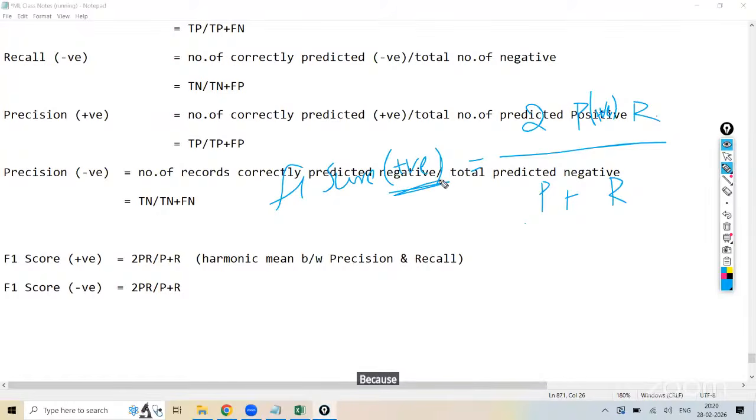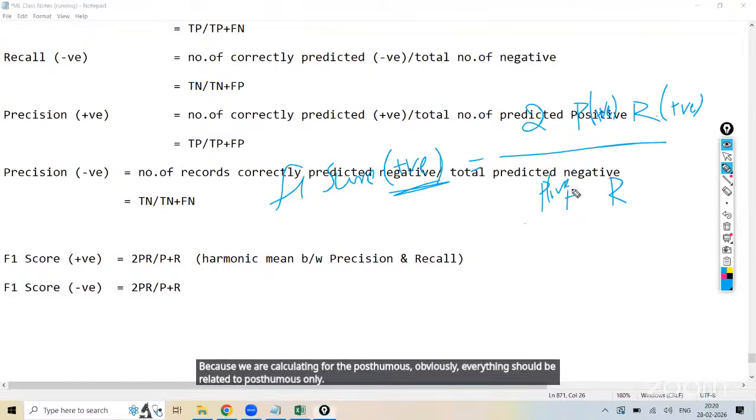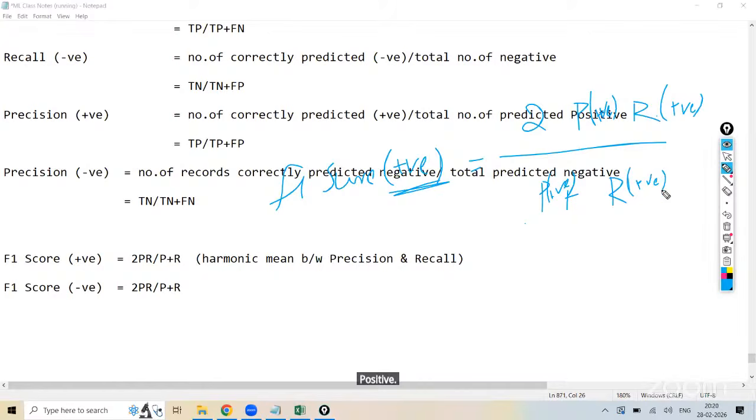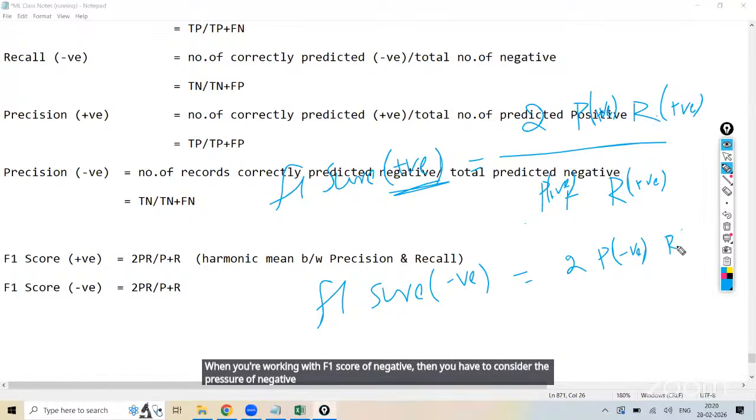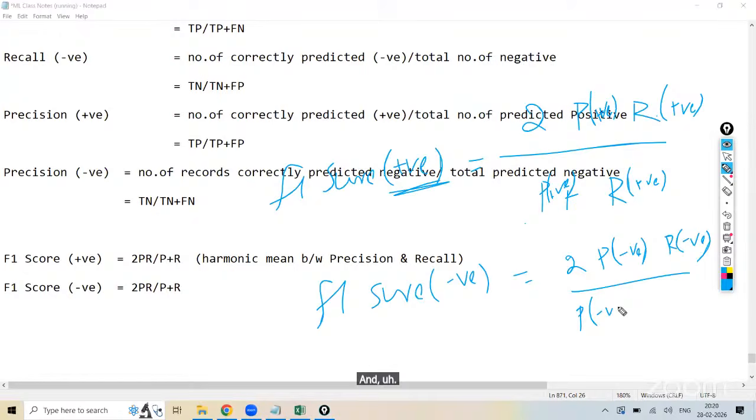Because we are calculating for the positive, obviously everything should be related to positives only. Positive, positive. When you are working with the F1 score of negative, then you have to consider the precision of negative and recall also negative. Point is clear?